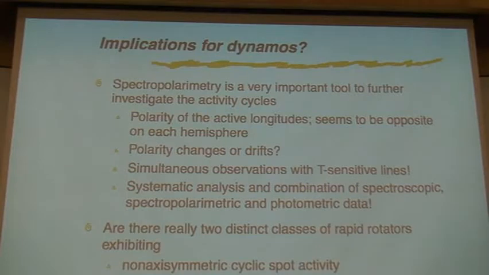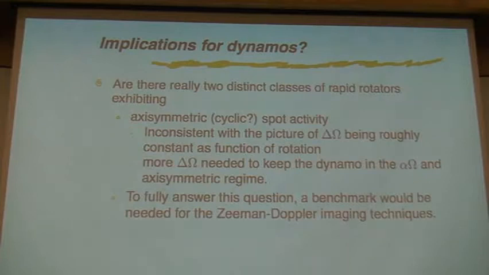And this would be consistent with something like an alpha squared or alpha squared omega dynamo. Whereas on the other hand, some authors tend to see, with a different method, more or less axisymmetric fields. Cyclic, nobody really can tell.